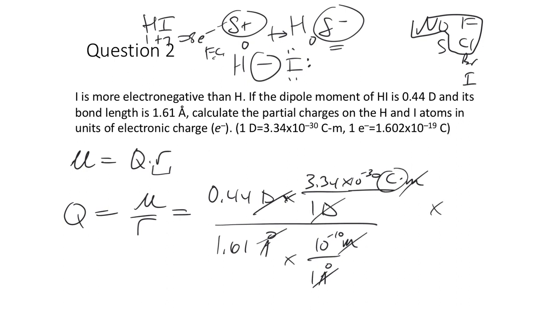And then I just convert and use the electron charge here. That 1.602 times 10 to the minus 19 coulombs is the charge of 1 electron. So in electron charge units, the charge relative to that of an electron, I can calculate here.